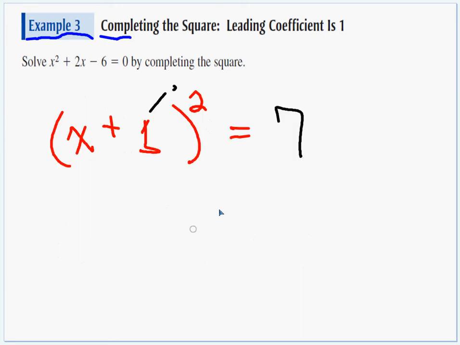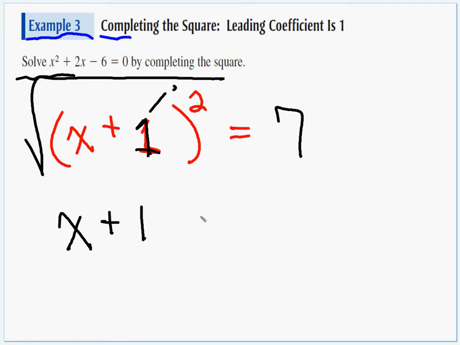Okay, so now the directions do say solve. So to actually solve this, again, we're going to square root the left side, and we're going to have x plus 1. And we're going to square root the 7 over here. Now don't forget, when we're rooting both sides like this, we do want to account for the positive and the negative root, so there's a plus minus square root of 7.